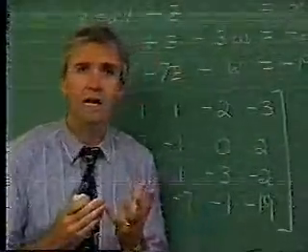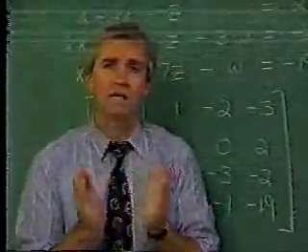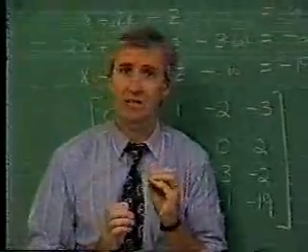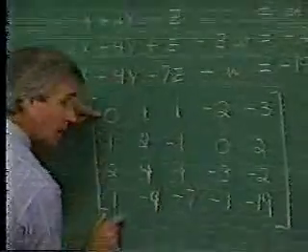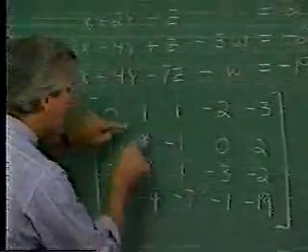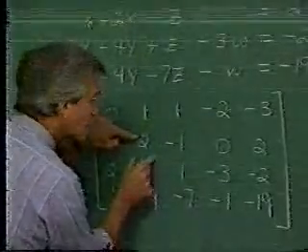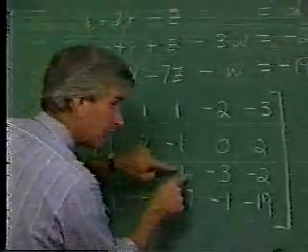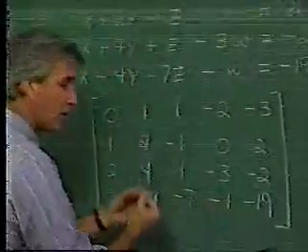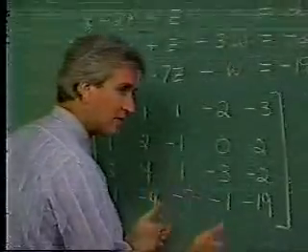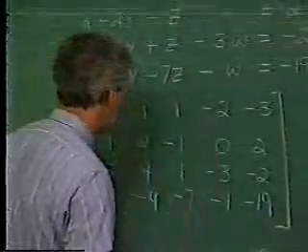We can divide this whole idea into various little tasks. First task would be to place a 1 in this position. The next task would be zeros below that 1. After that, a 1 here. After that, zeros below. Then a 1, and then a 0, and then a 1. You see, in taking it just in parts like that, just a step-by-step idea, we can keep things relatively organized.